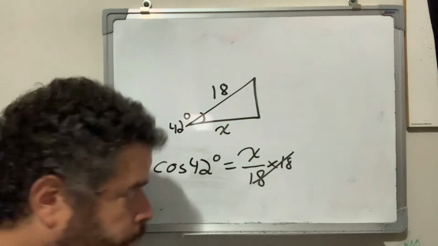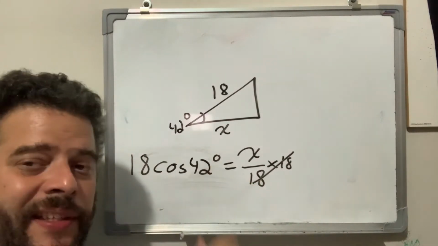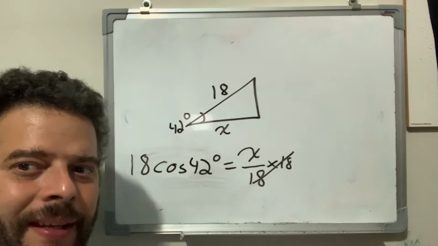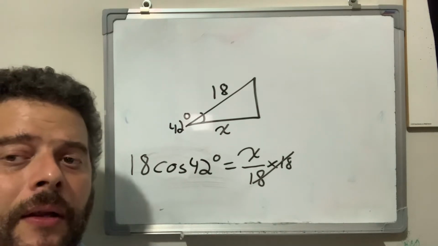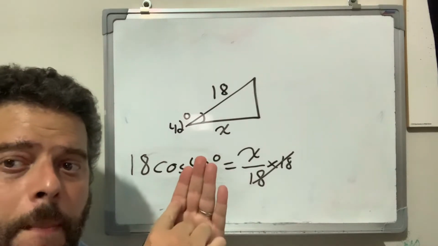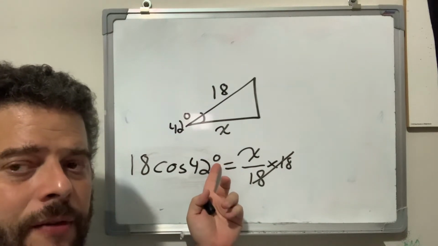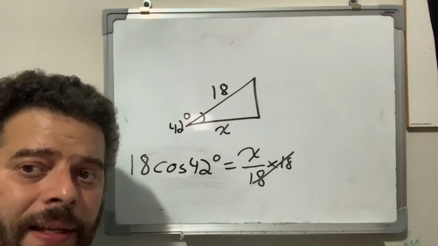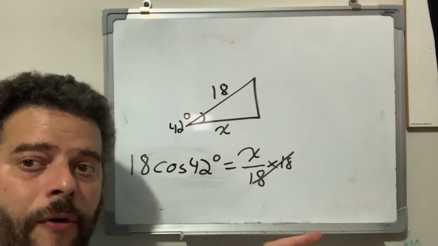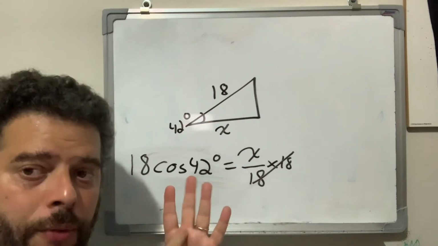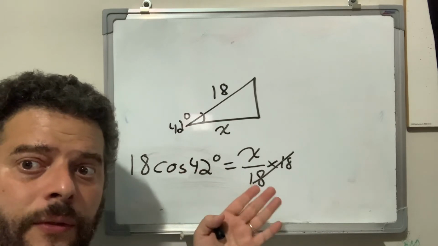Now note, we are using degrees. I'll say it once again. You go to your calculator, you hit mode, and you make sure you are in degree form, not in radian form. When we work with radians, you have to go over to radian mode under modes. When we're working with degrees, you use degree mode.